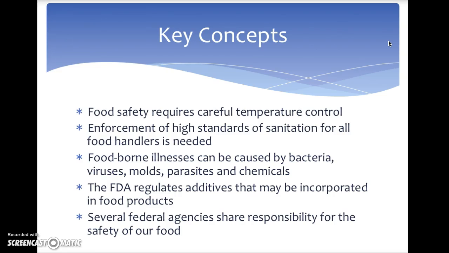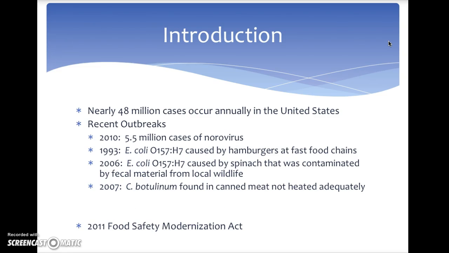We're going to talk about the specific things that can contaminate food that can give us an illness and what types of regulations there currently are to protect our food supply. So you may have heard some things in the news recently. The most recent one that came out and is not on this slide is the Bluebell ice cream that was contaminated.